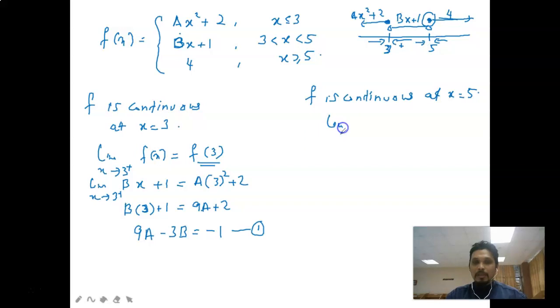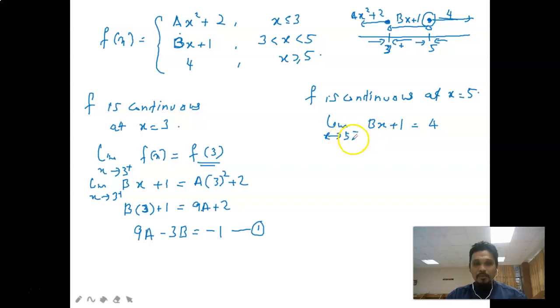So the limit as x approaches 5 from the left of bx plus 1 equals 4.